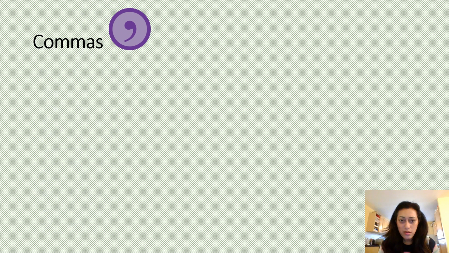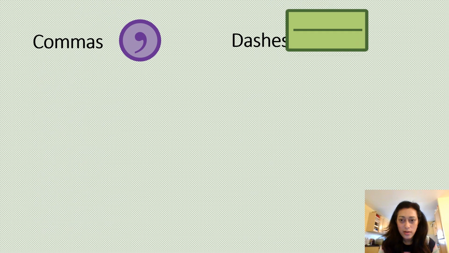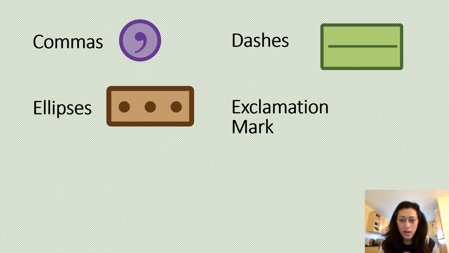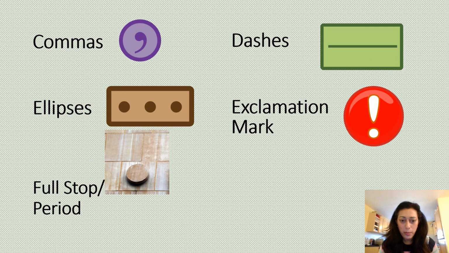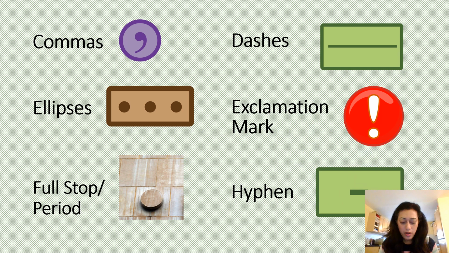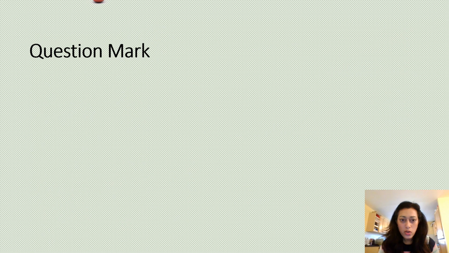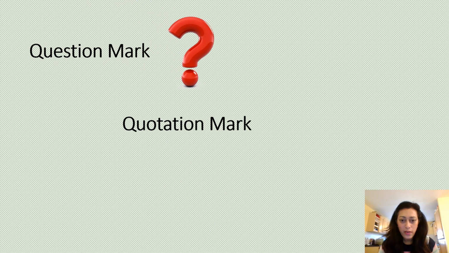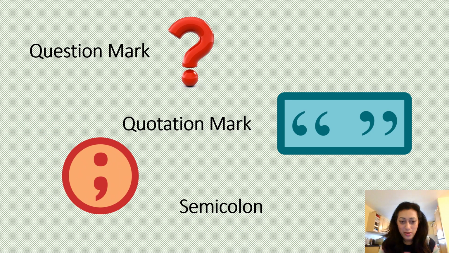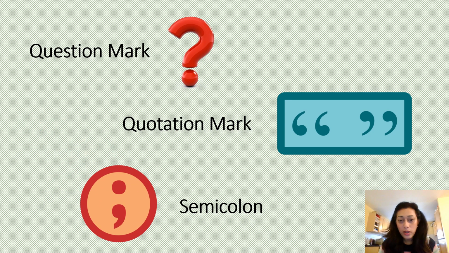Then commas, dashes, ellipses, exclamation mark, full stop or period, hyphen, question mark, then we have quotation mark, and semicolons. So these are all the punctuations, and we will go ahead with all the punctuation one by one.